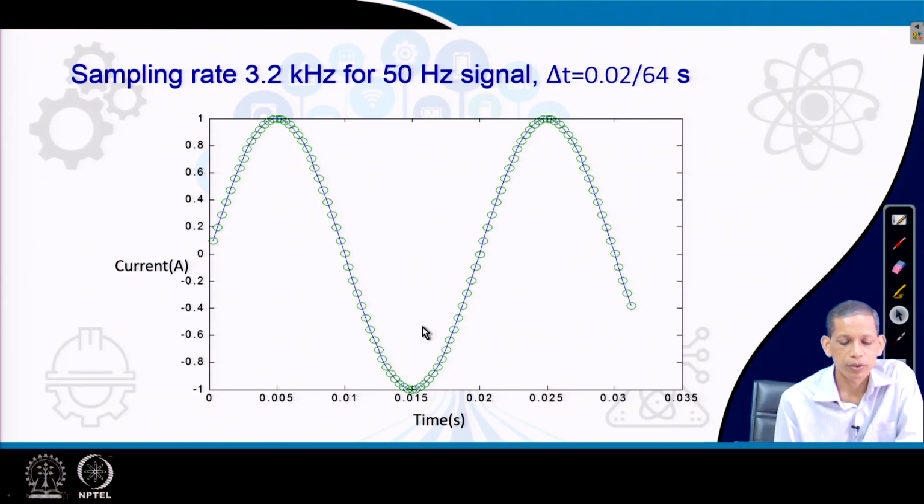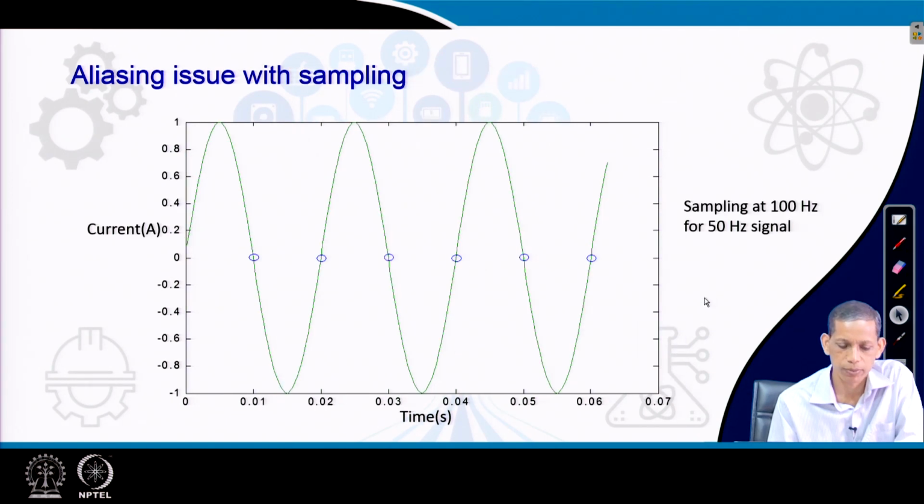It is clearly visible that if we would like to have more details of the signal, we should prefer a higher and higher sampling rate for the relay. Typically today's relays sample at a rate of 1 kilohertz and above, as high as 8 to 10 kilohertz.